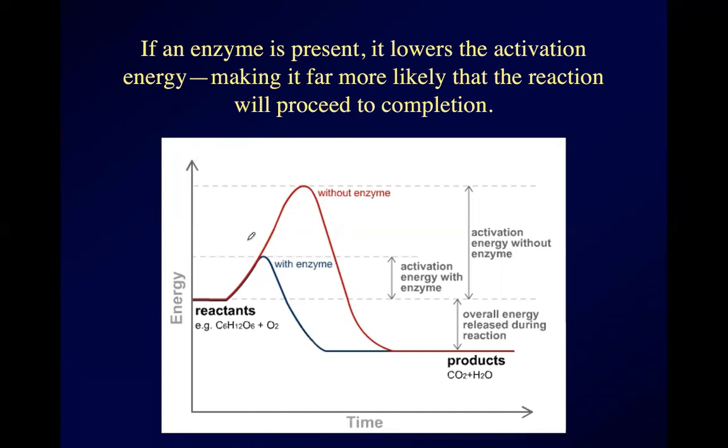It takes much less energy to get that ball starting to roll down the hill. And once it starts, it'll keep going all the way to the bottom. Activation energy and enzymes work the same way. Enzymes lower the activation energy needed to make a particular chemical reaction happen.